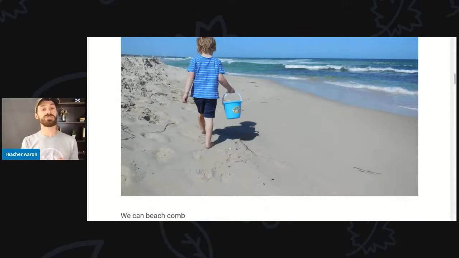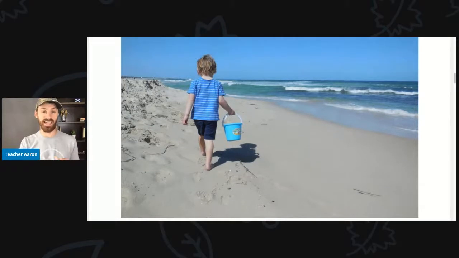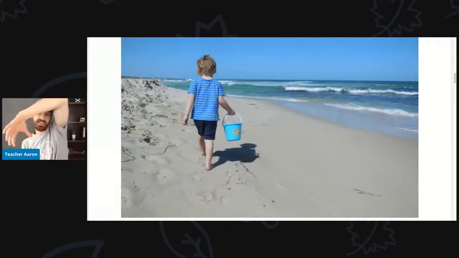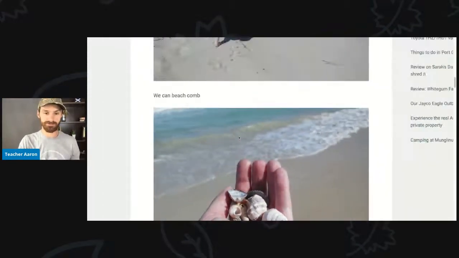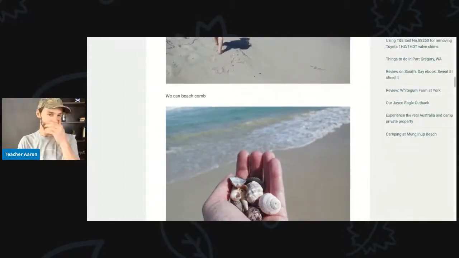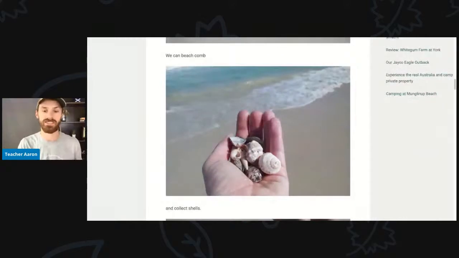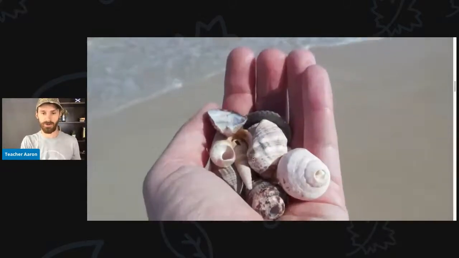You can also use them to build a sand castle. If you put a lot of sand in your bucket, and then you turn the bucket upside down, you can make a sand castle with it. But they are using their bucket, it looks like, to collect shells.